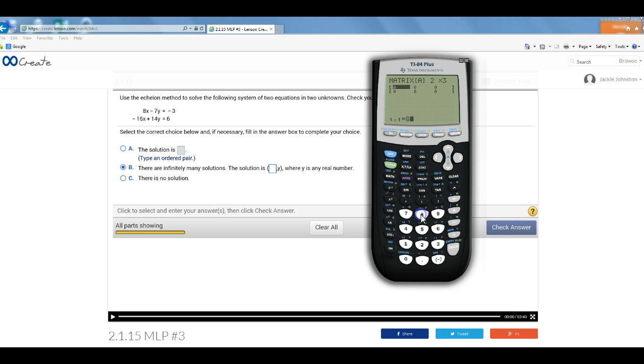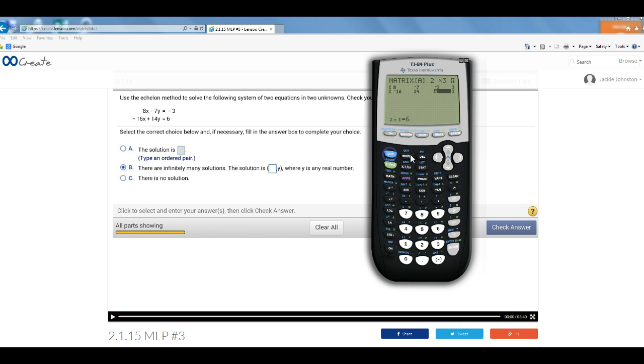So I would have 8, enter, negative 7, enter, and then negative 3, enter. There's my first row. Then my second row would be negative 16, enter, 14, enter, 6, enter. You want to double check and make sure you have everything in there correctly.